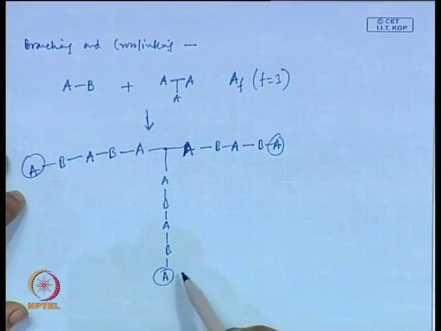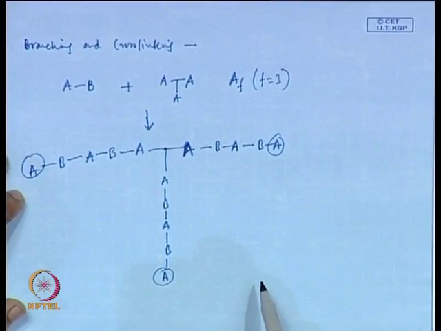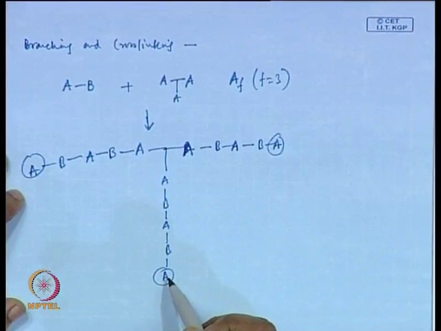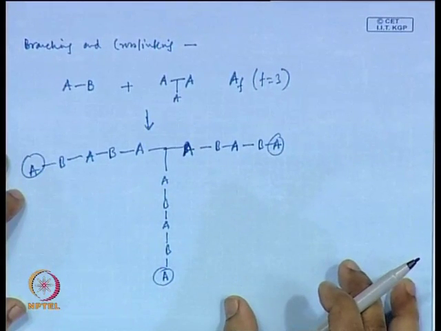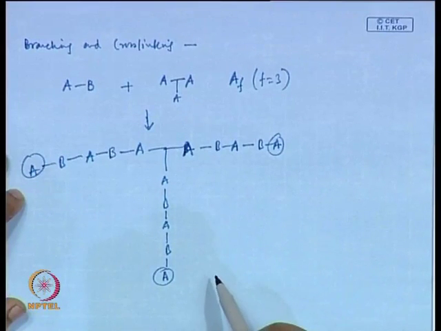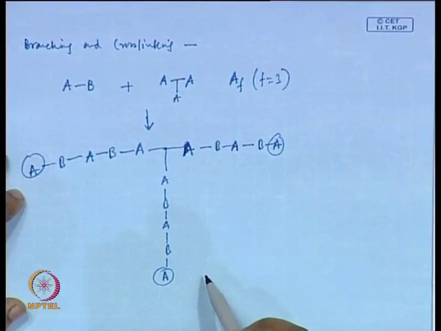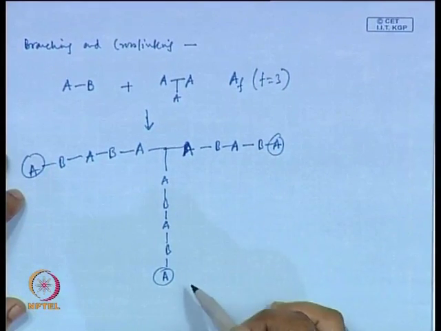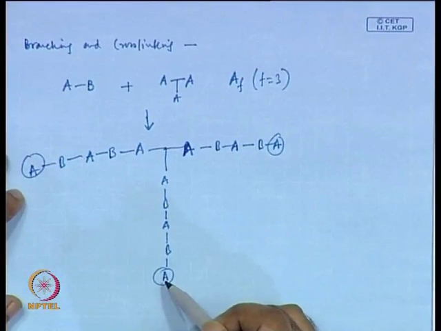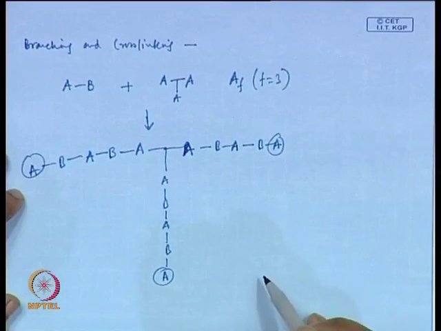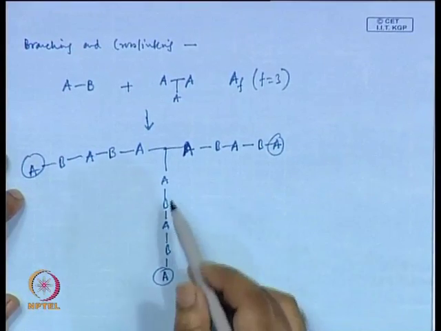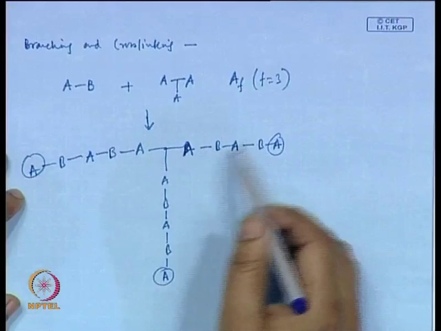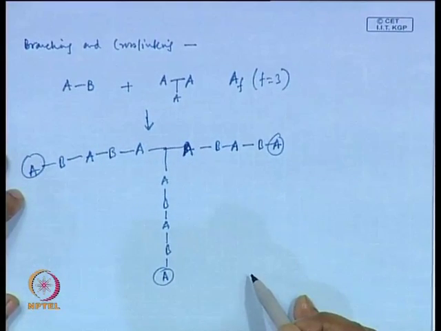So, will this branch react with any other growing chain? No. If this branch has to react with any other polymer chain, it has to find a B group to react with, but there is no polymer chain having a free B group at the end, which means it cannot undergo reaction with another chain, which means in this case there would not be any cross linking between two polymer chains.